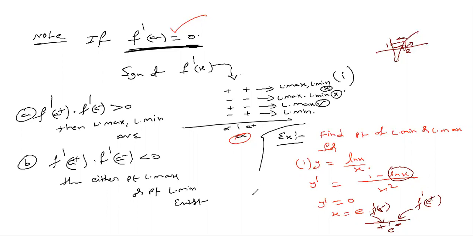So first the function should be increasing. F' positive means increasing. After that it should fall, meaning decrease. This is the point where the function becomes 0, and this is nothing but a point of local maxima. So in this problem, x equal to e is a point of local maxima. I think it is very clear.